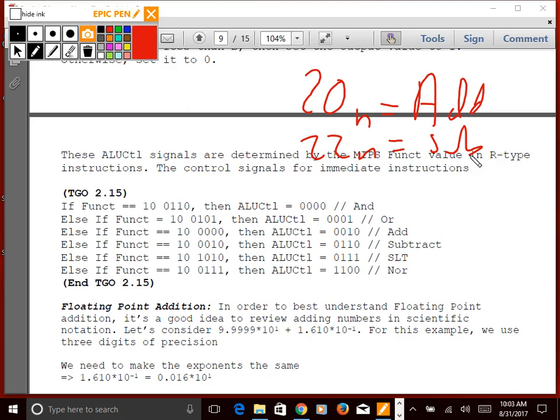The reason I set it up this way in these last two topical guide objectives is because if you're writing code in Verilog or VHDL, as you will do in this course and then later in 386, laying it out this way allows you to just go through and write the code out.